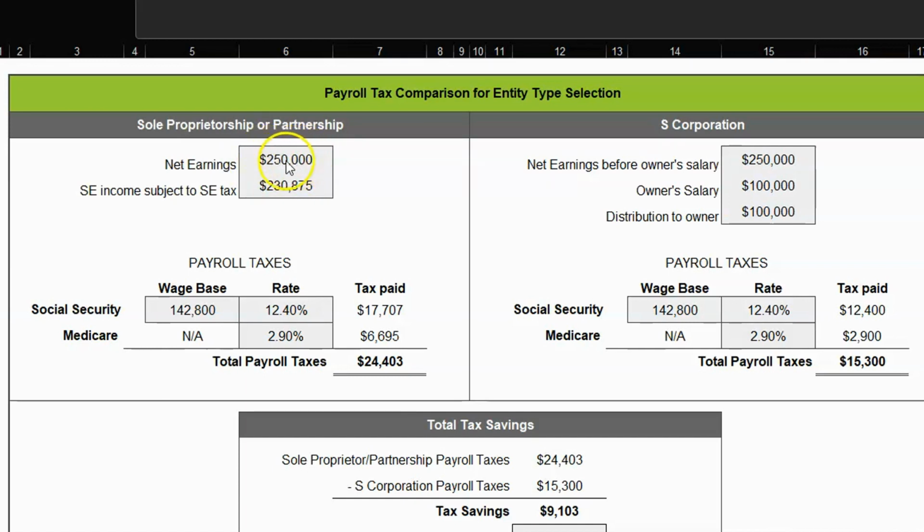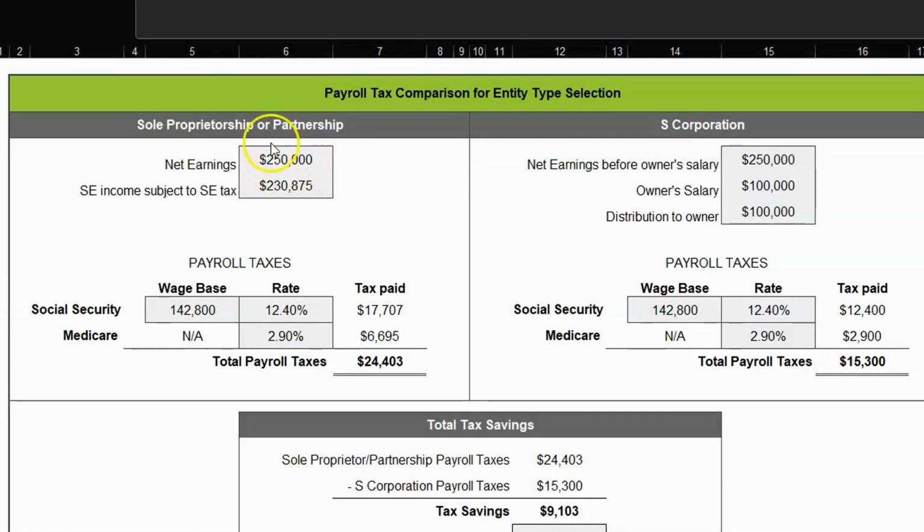But this $250,000, the partnership and the S-Corp, the entities themselves don't pay any tax to the IRS, okay? On a federal level. It's the owners that pay the tax on this profit. So it's a very important concept.